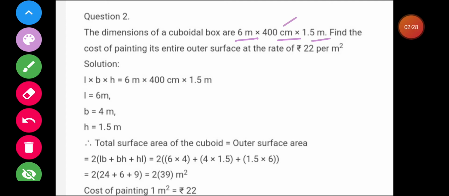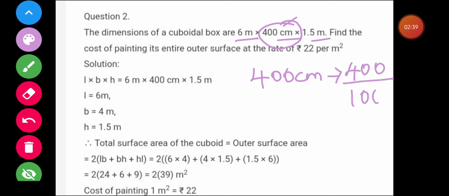We are going to change this centimeter alone to meter: 400 centimeter to meter, 400 divided by 100, it will be 4 meter. This is the B value. L value 6 meter, H value 1.5 meter.